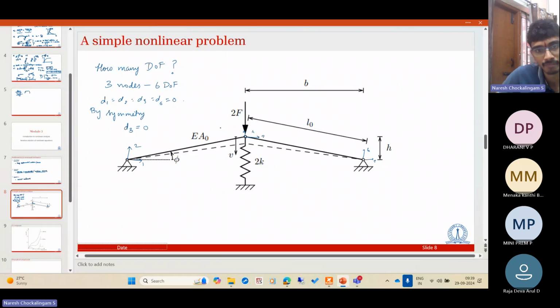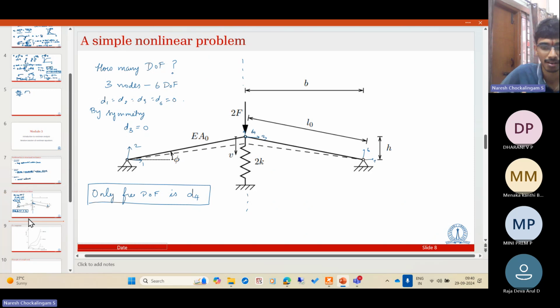D3 is 0, right? This is a line of symmetry, and displacements normal to the line of symmetry should be 0. If it moves rightwards, then from the other end it looks like it is moving away, but it is symmetric, so it has to be 0. So the only free degree of freedom is D4.